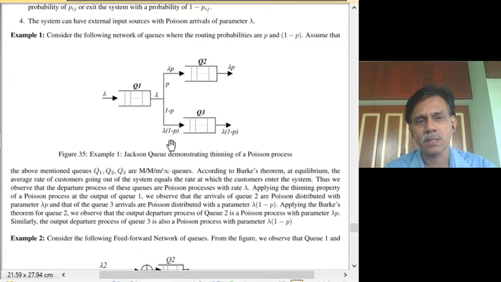Similarly, the arrival process to Q3 is also a Poisson process with parameter lambda times 1 minus P.